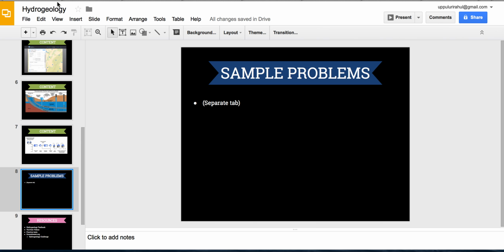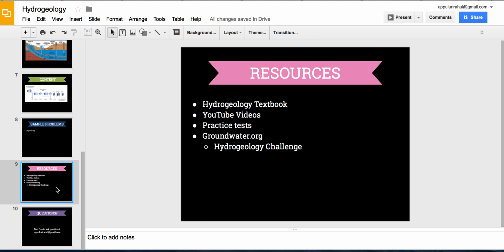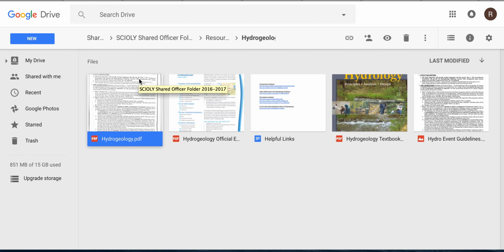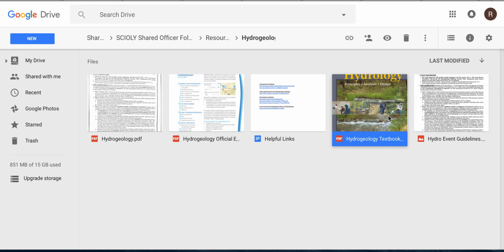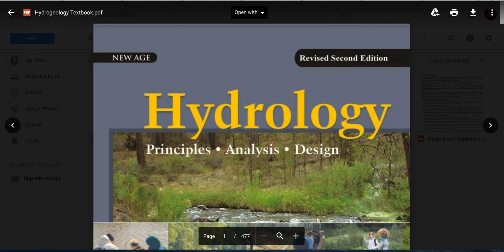So yeah, if we head back over to the PowerPoint, there are a couple of resources that you're definitely going to want to take advantage of, some of which are in the resource folder. Obviously, it's a little sparse at the moment, but as the year progresses, it'll get a lot more filled. First of all, there's the hydrogeology textbook, and I just want to say that's a really big textbook.